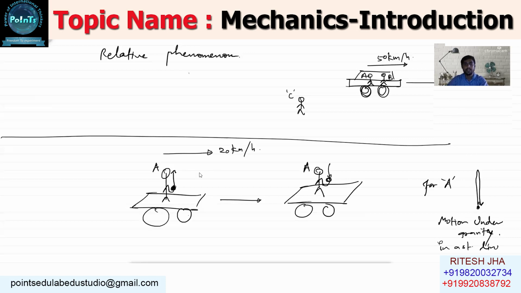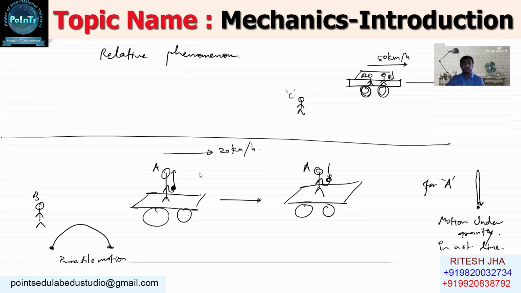But if I consider another observer who is observing the whole journey of the ball, he will feel that the ball is actually going like this. This is projectile motion. So you can see that both A and B perceive the motion differently.